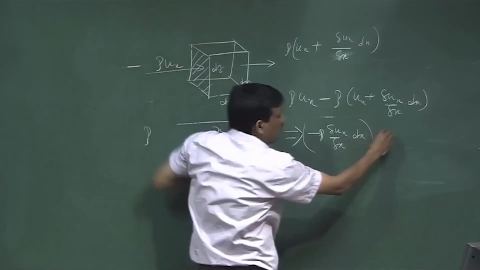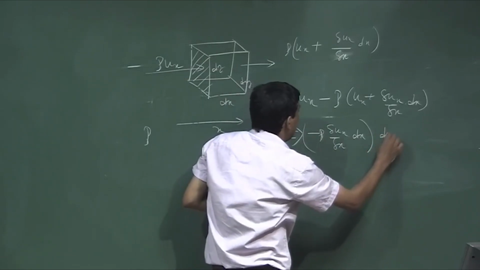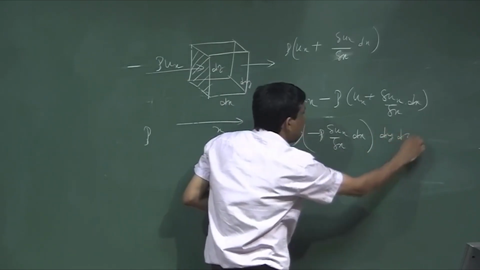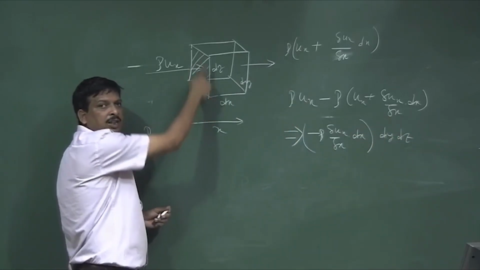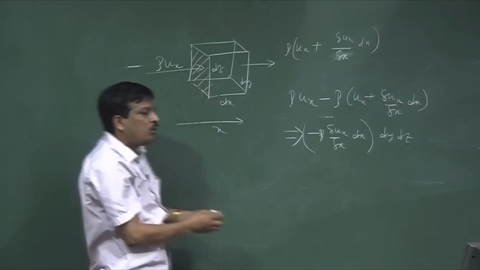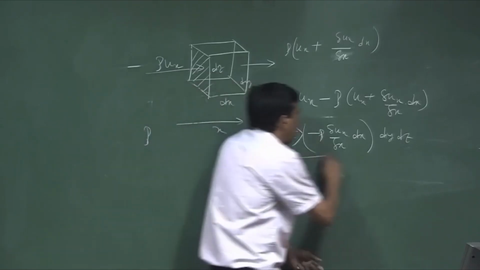So, this into the cross section area. What is it? The cross section of this thing is del y multiplied by del z. So, that is the total increase of the mass. Okay, so this amount of mass will increase.